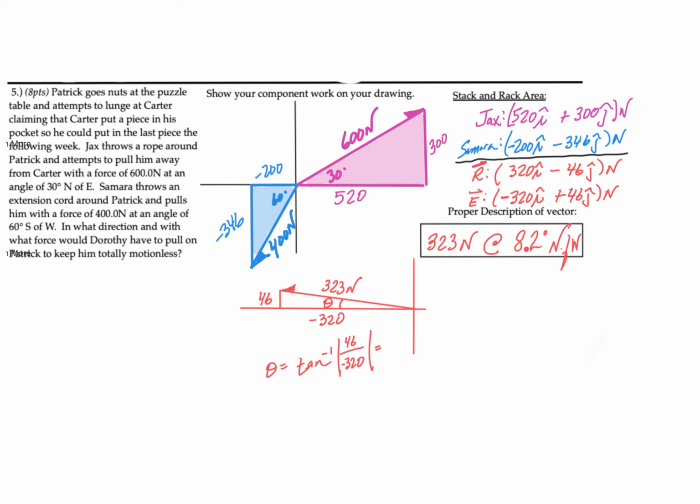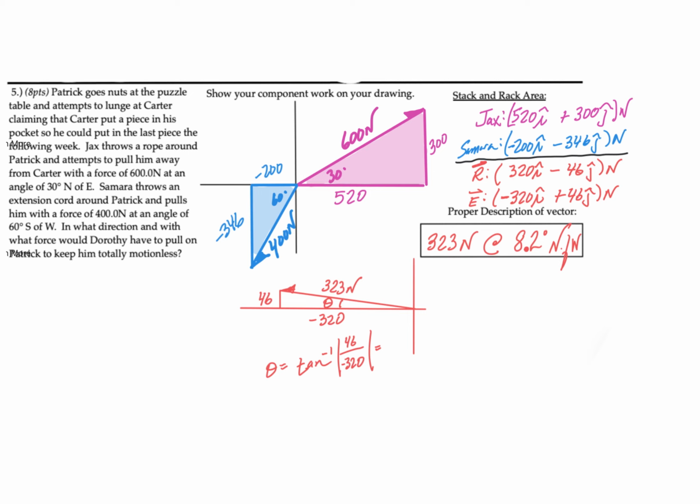So the J roof values will be the sine, 600 sine or 400 sine 30 or 60, and the X values, the I roof, will be the cosine. So you can always expect on these kinds of problems that the angle will be from the horizontal.